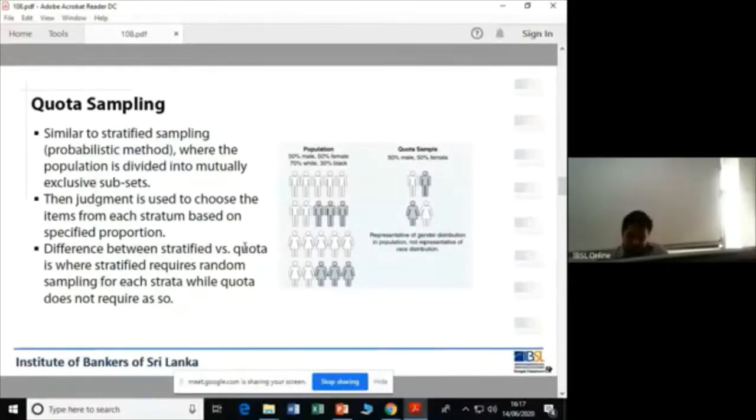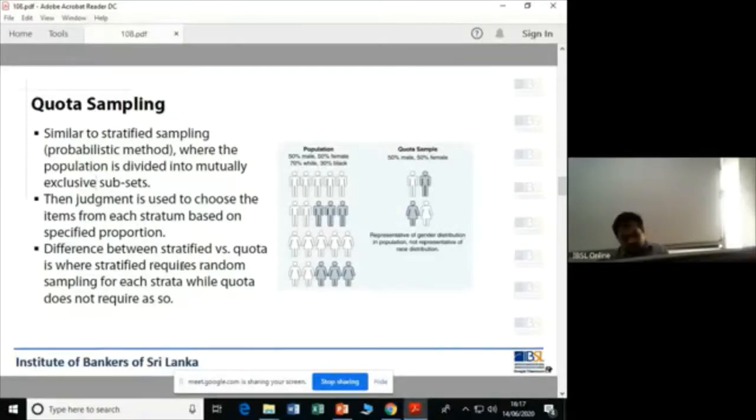Then judgment is used to, again important, judgment is used to choose the items from each stratum based on specified proportions. That means, unlike a random selection, you try to put the population into different buckets, and again use your judgment and select some data points to be represented in simple n.